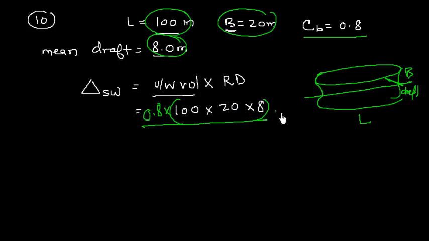And after I multiply with relative density, which is 1.025, I will get 13120 ton. That is the displacement in salt water.